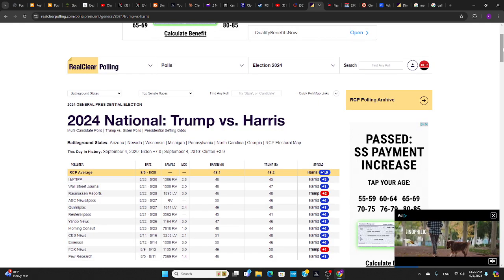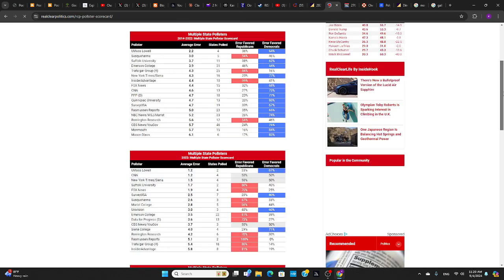Now, does this give us the answer that we're looking for? Well, unfortunately, it's not quite that simple because if we go to this tab, and hopefully this will respond, great, it worked. Okay. So what we'll see here is this is called a scorecard. So the RCP pollster scorecard.